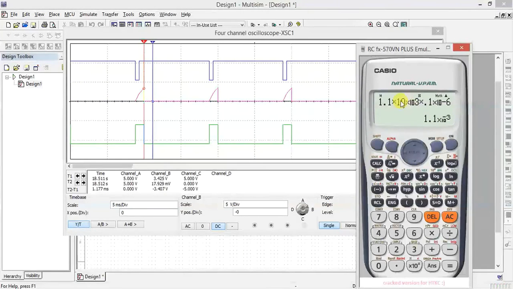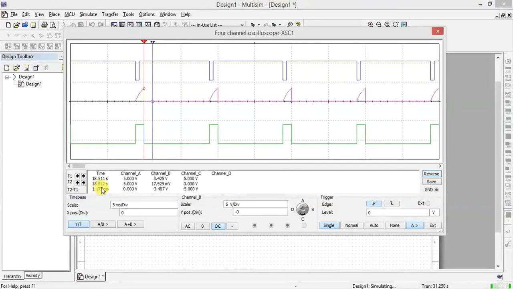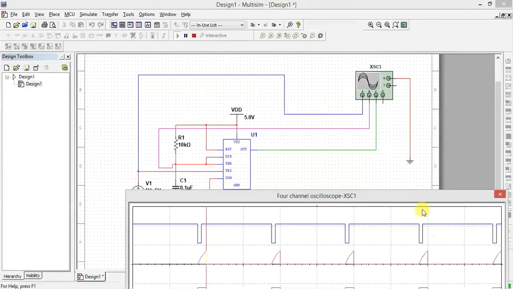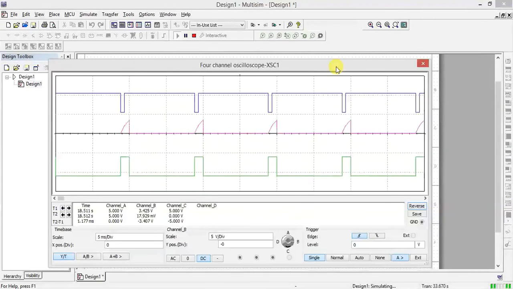With R value 10K and C value 0.1, you should get 1.1 millisecond. In the simulation also you can see T2 minus T1 showing 1.1 milliseconds. So this is the monostable multivibrator and its output. Okay, thank you.